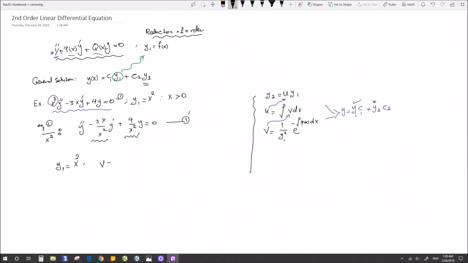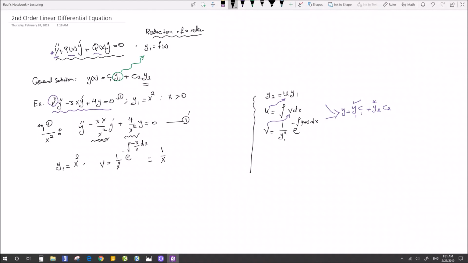Now v equals 1 over y1 squared, which is 1 over x squared, that is x to the power 4, multiplied by e to the power of minus the integration of p of x. P of x in here is minus 3 over x dx, and this will give you 1 over x.